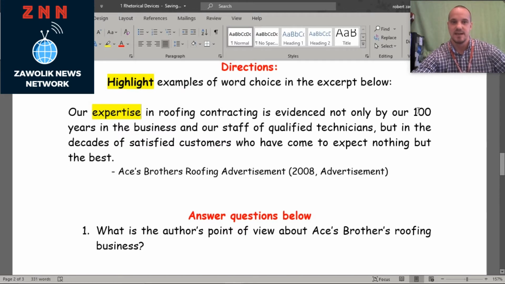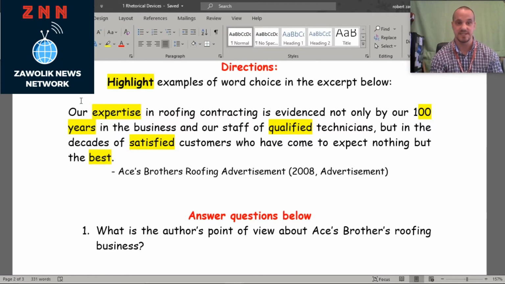Expertise, 100 years, qualified technicians, satisfied, the best. If you just look at these words, they help you gain trust in this company. Sounds good to me. Where do I sign?